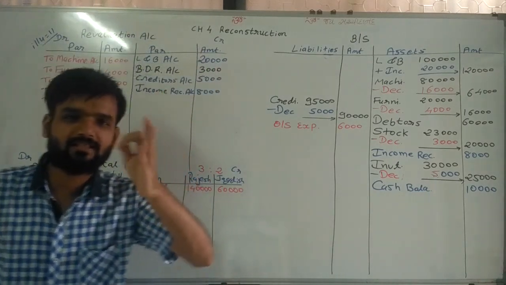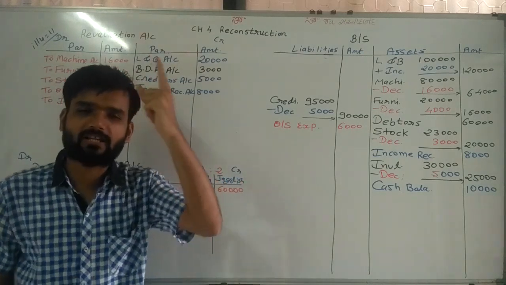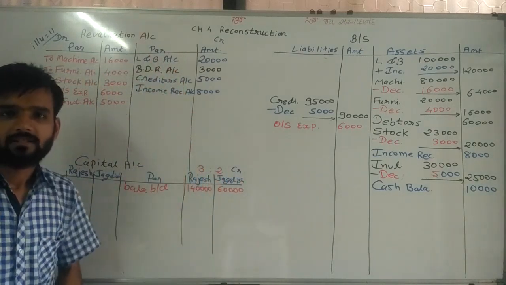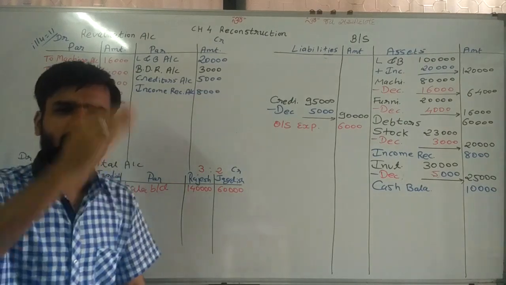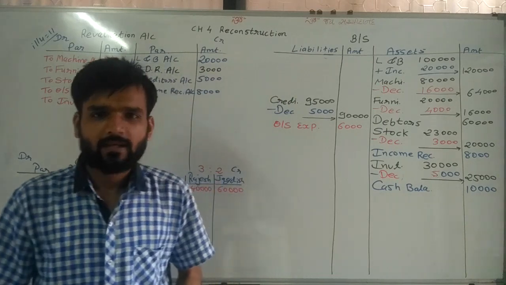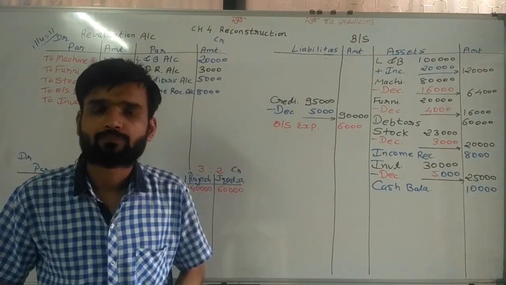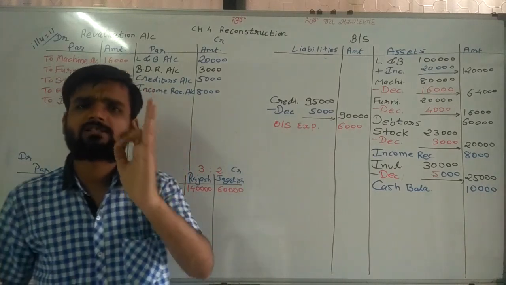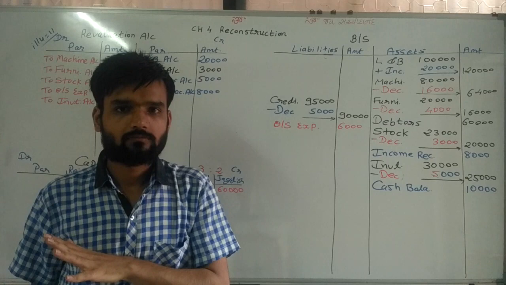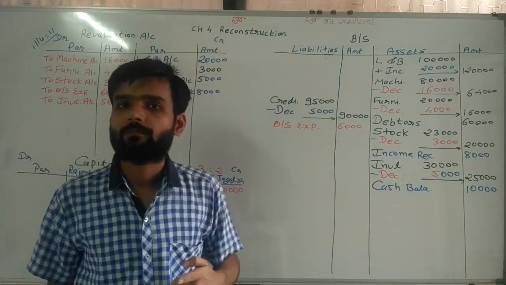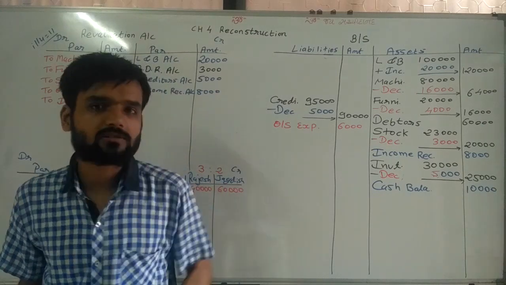Now this is the twist point for which I am taking this sum. Sir, general reserve. Now try to remember 11th standard. There is one chapter, reserves and surplus. Now whatever reserves and surplus is created, that is only for partners. If it is used, then it cannot be given to partners.